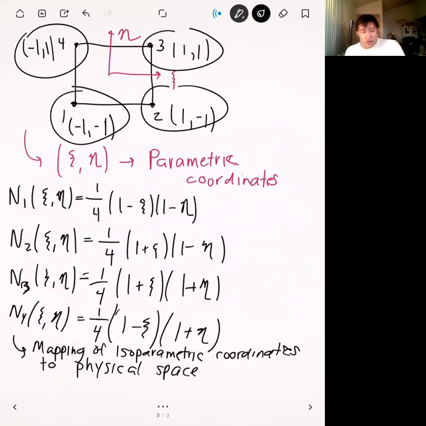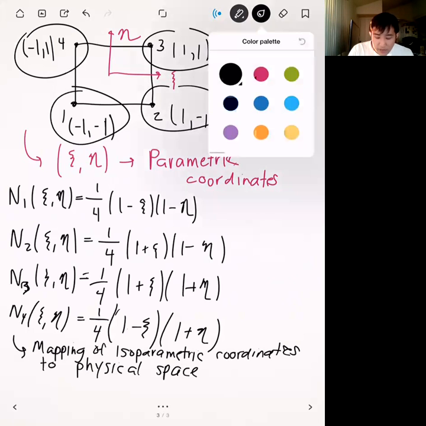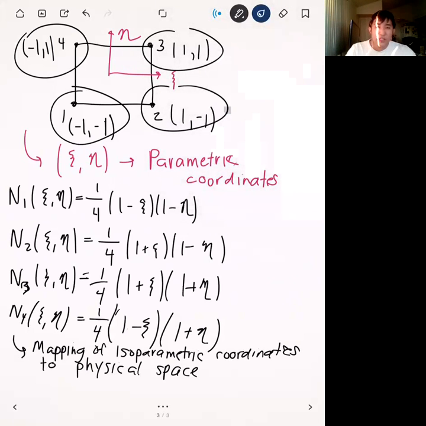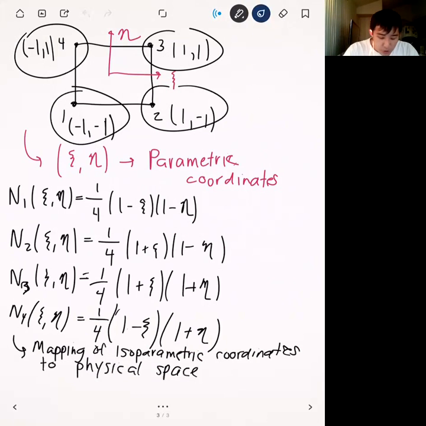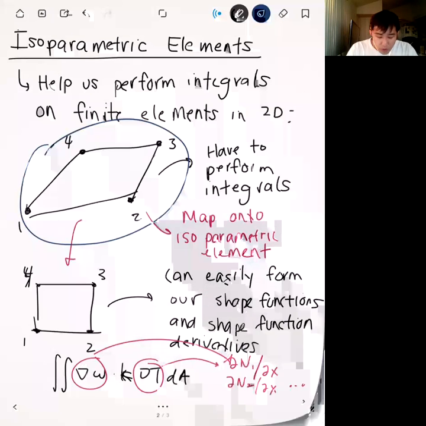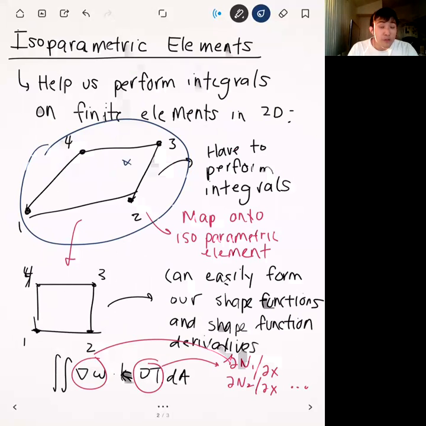I call these functions the mapping because when we make this mapping, we're saying that every single point in this isoparametric square right here is going to be mapped into some location on our base element, which is given by this guy over here. And so what these mappings do is they answer the question: if we're at this location here in our isoparametric space, so that X marks a spot right there, where would this be on our big element right here, or our physical space?